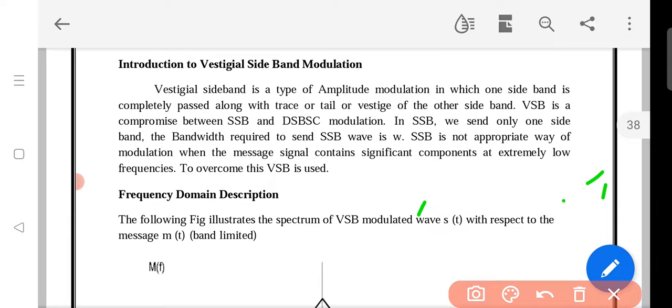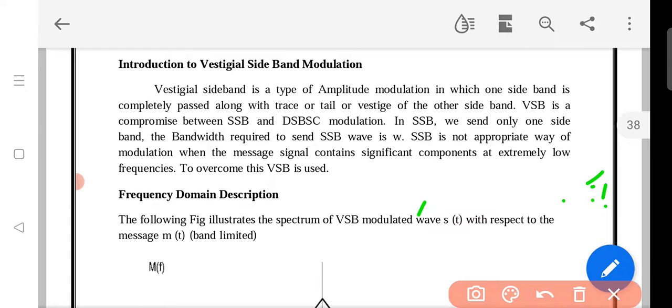The other technique is vestigial sideband modulation. What is the meaning of vestigial? Vestige means avashesha, the remaining part. After demolishing any content or component, the remaining part is called avashesha in our Sanskrit language. So this is the meaning of vestige.